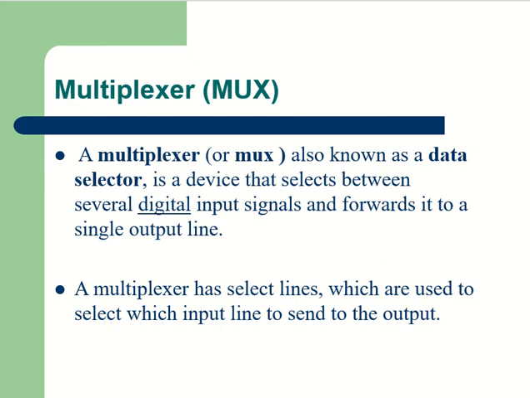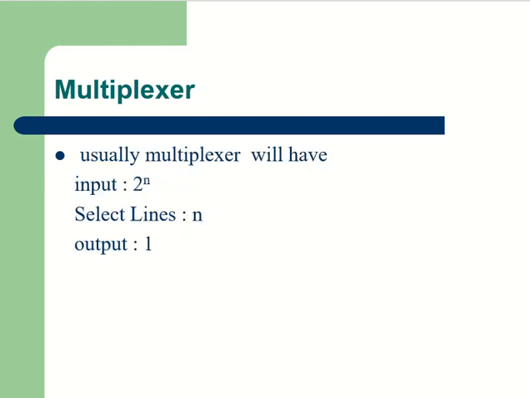Usually in case of a multiplexer or a mux, the ratio between input, select lines and output is 2 to the power of n is to 1. That is, inputs will be always 2 to the power of n, select lines will be n, and output is equal to 1.